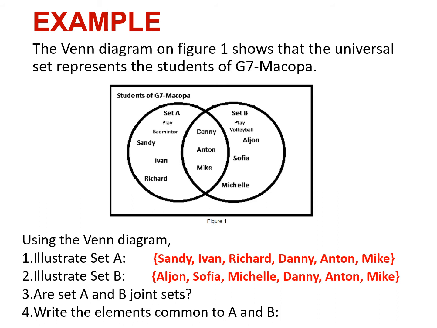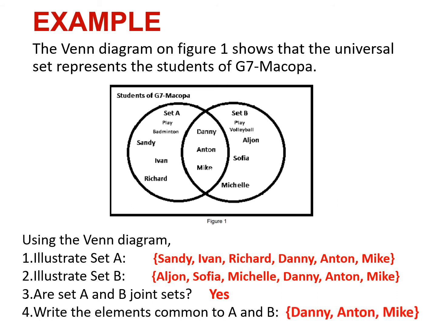Now, another question is, are set A and set B joint sets? The answer is yes. Masasabi natin yung set A and set B are joint sets because they have elements in common. Kailan lang sila magiging hindi joint set?